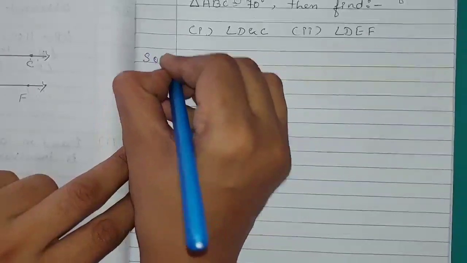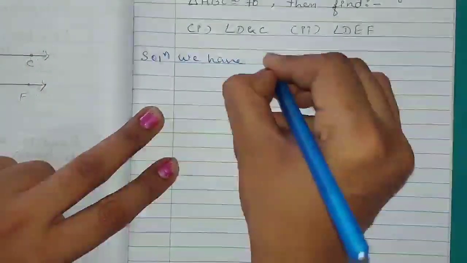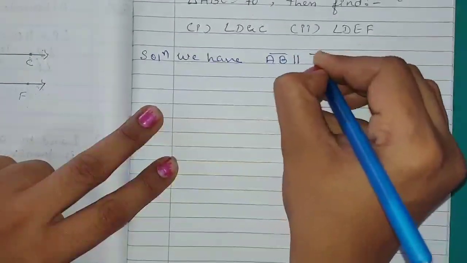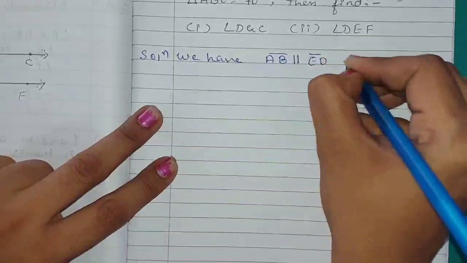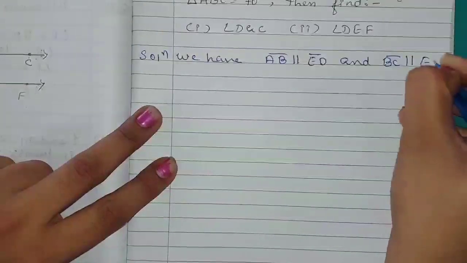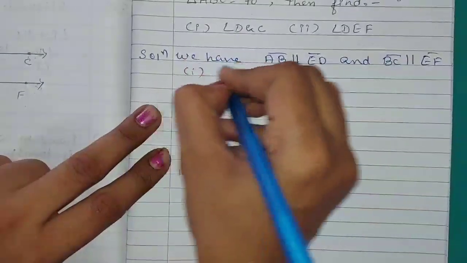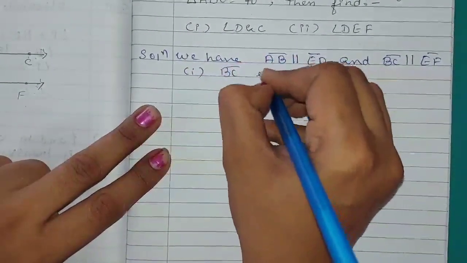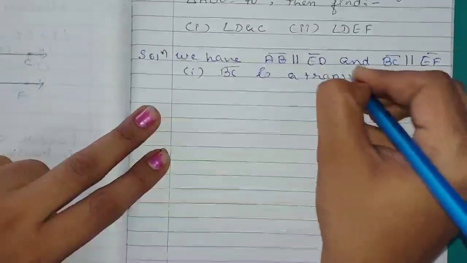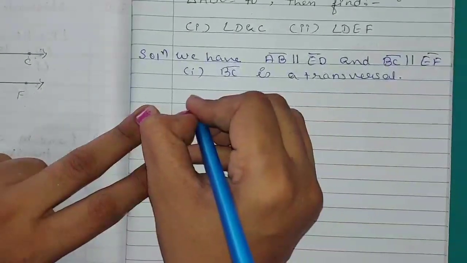Solution. So here we have line segment AB parallel to line segment ED and line segment BC parallel to line segment EF. Now therefore BC is a transversal. Now students, here we have to find for solution 1.